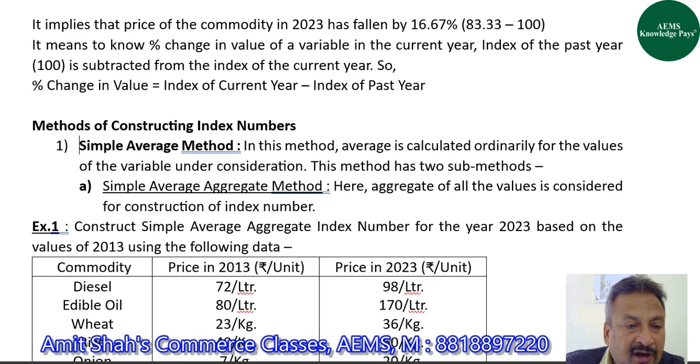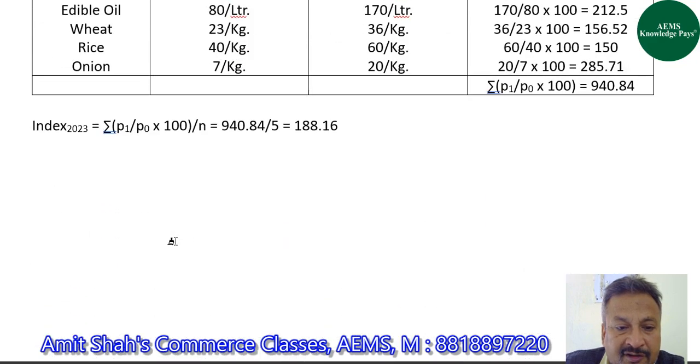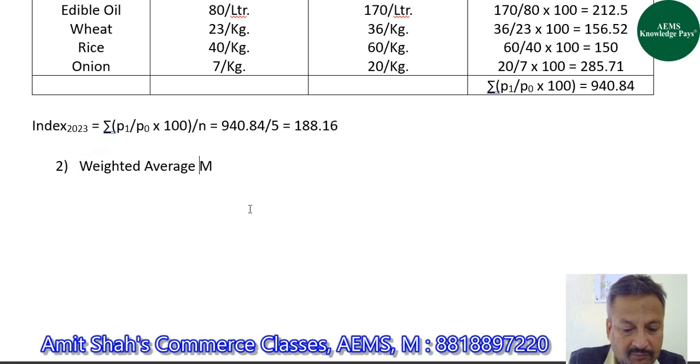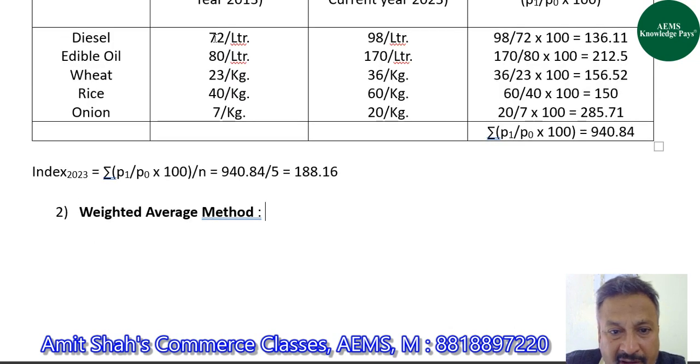Now the next one that you have is weighted average method to construct index number. In this method, guys, apart from the value of a variable, say price, we also take weights.